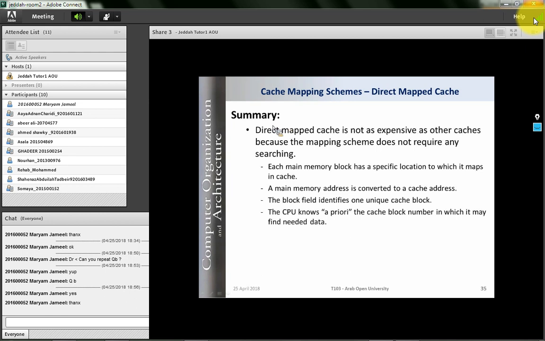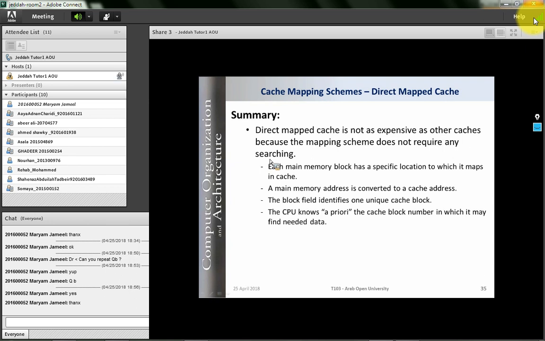The direct mapped cache is not very expensive, not as expensive as other caches, because the mapping scheme doesn't require any searching.